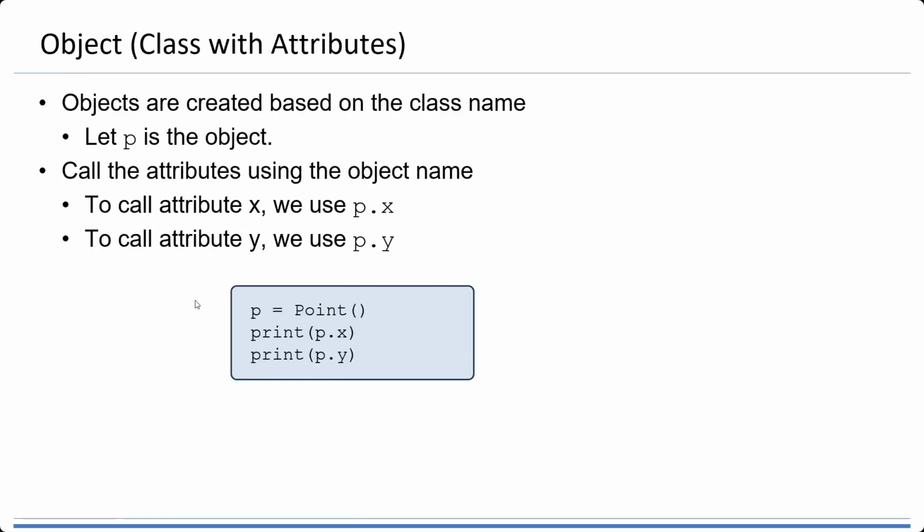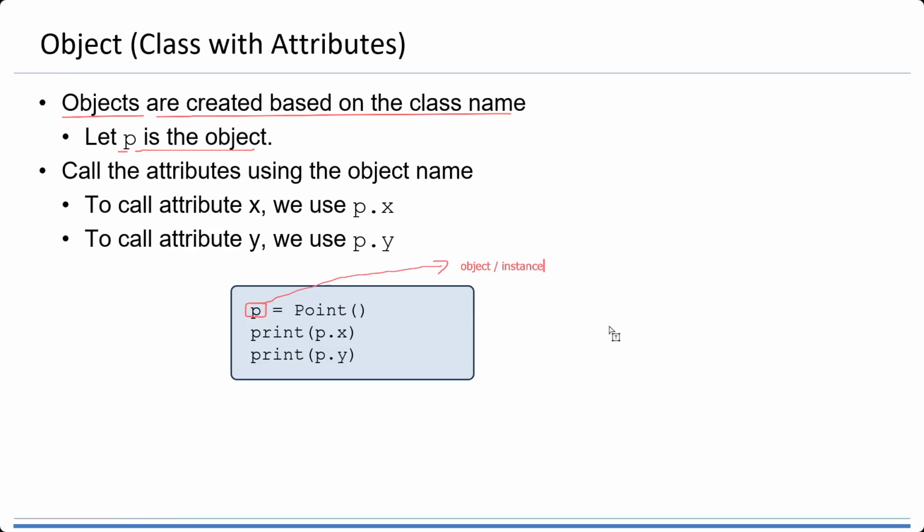After you have the class, now we need to create an object. Objects are created based on the class name. So let P be the object, or we call this the instance.